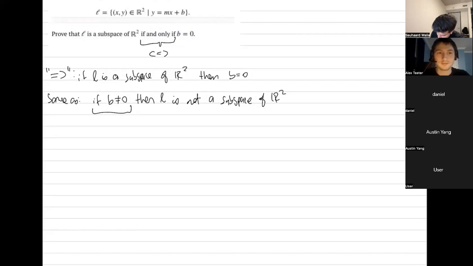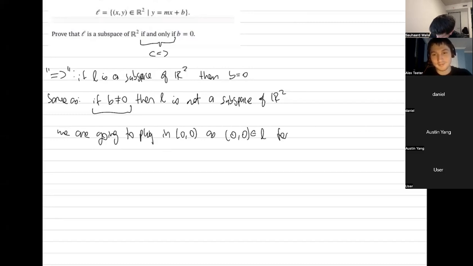When we plug 0, 0 into there, we see that 0 is equal to m times 0. Let me write this over here. We are going to plug in 0, 0, as 0, 0 has to be a part of L for it to be a subspace, right? And when we plug in 0, 0, we get 0 is equal to m multiplied by 0 plus b.